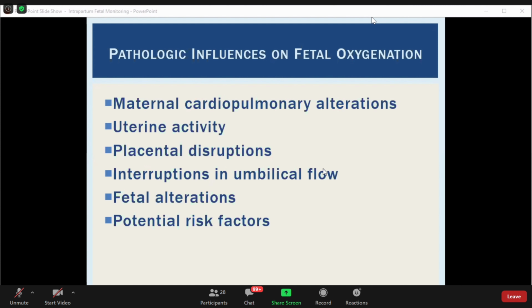Again, as I've said before, contractions that are too long or too frequent, and we're going to talk about numbers in a minute, if there isn't a sufficient resting interval for the uteroplacental unit to reperfuse, that is going to impact fetal oxygenation.